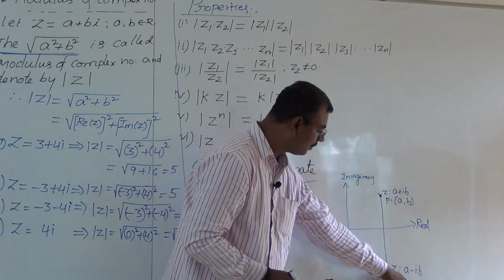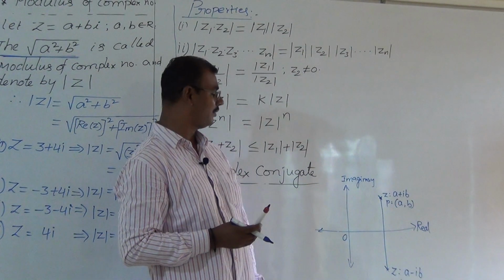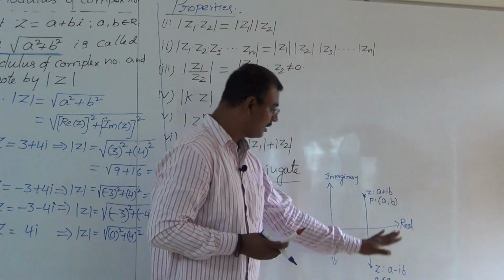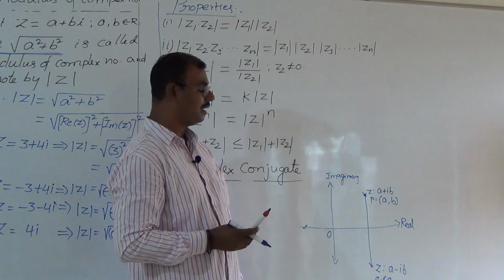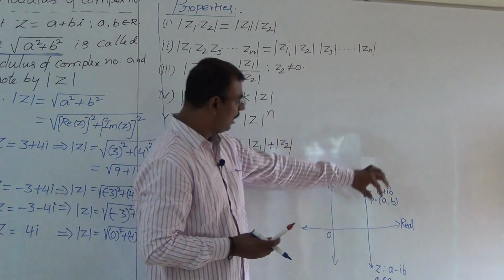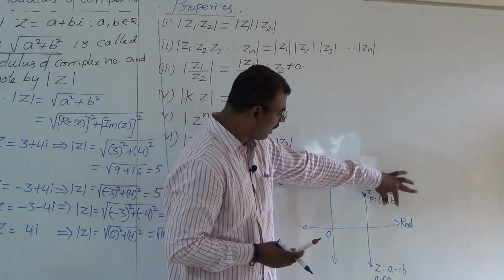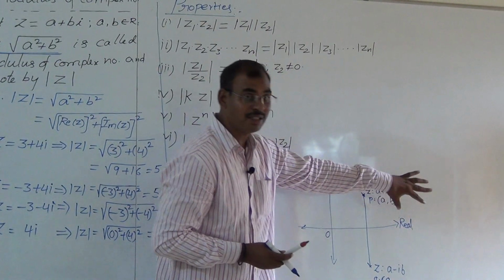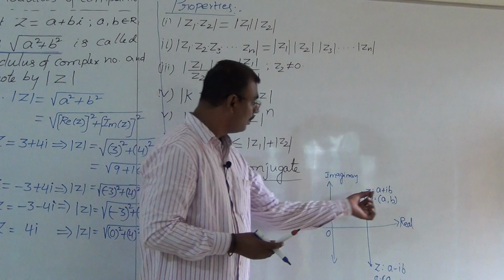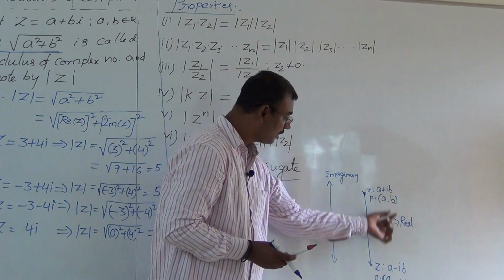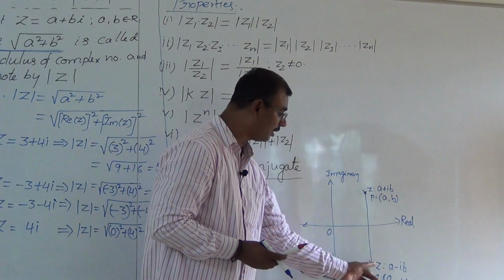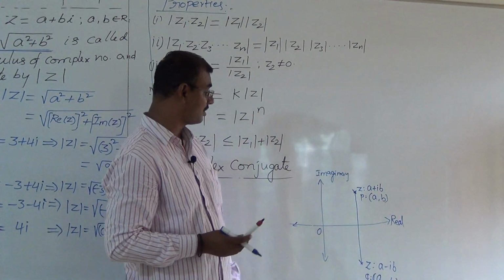Only the imaginary part of the complex number is reflected, a comma minus b. This is called the conjugate of a complex number. The conjugate of a plus iota b is a minus iota b. Only the sign of the imaginary part b is changed, not the real part. That is an important concept.